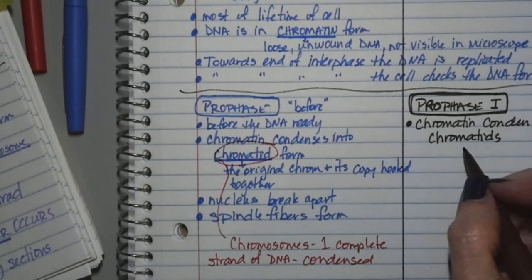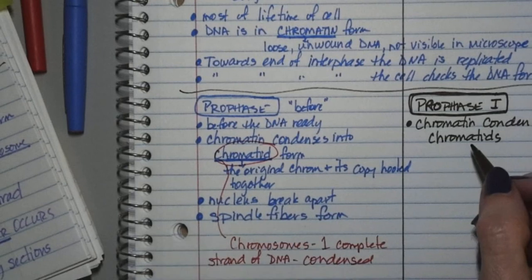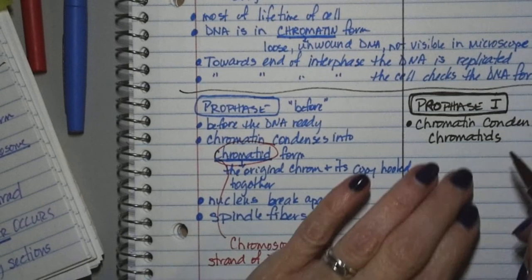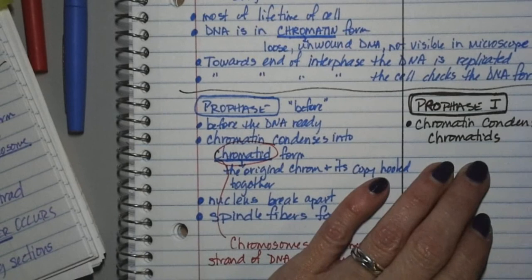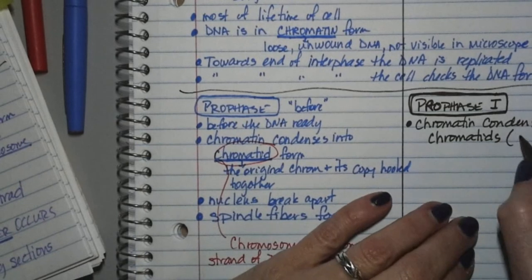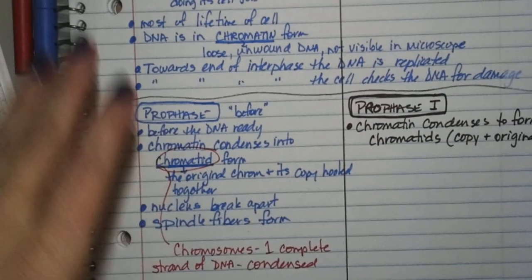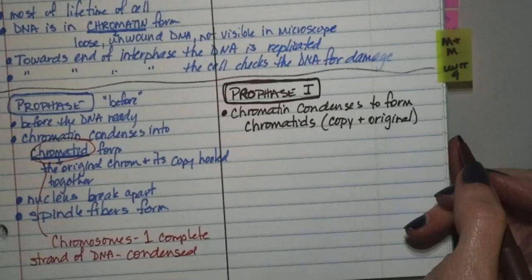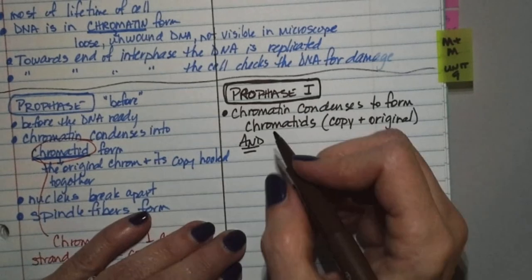The chromatin condenses to form chromatids, so you've got 2 hooked together, that's the copy plus the original. And the homologous chromosomes: it's hooked with its homologous chromosome, and it pairs up.